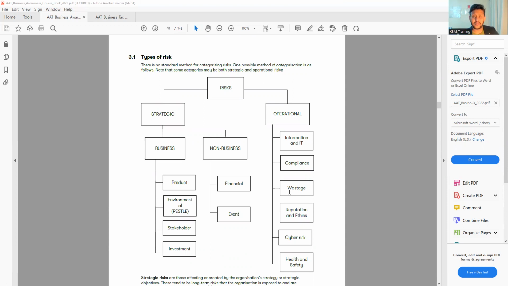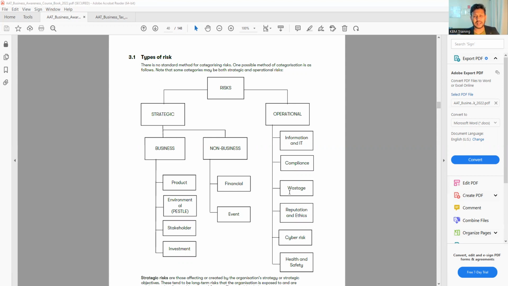For example, if a company throws some waste in the sea, and the environmental agency makes a claim against that company, and the solicitor says you most likely have to pay some compensation for that. If you ask what the chances are, and the solicitor says it is more than 80%, that means it is probable. There is a probability you're going to pay some compensation. If this is the case, you have to take it seriously and keep a provision for that.